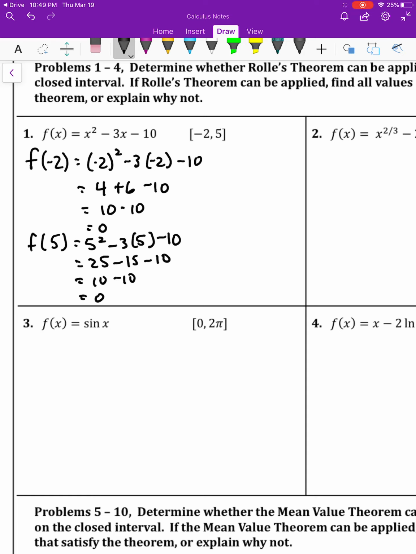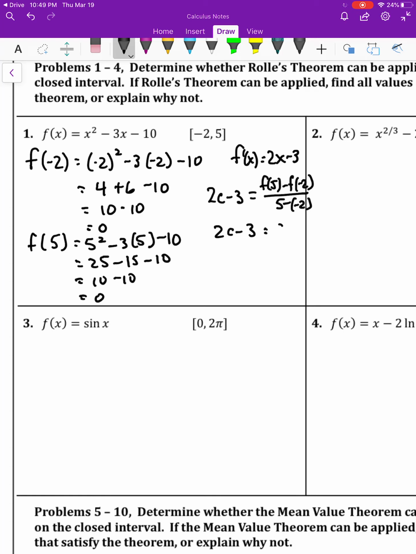And now we need to calculate the derivative of f. So f prime of x is 2x minus 3. And we need to set 2c minus 3, right, f prime of c, equal to our f of 5 minus f of -2 divided by 5 minus -2.